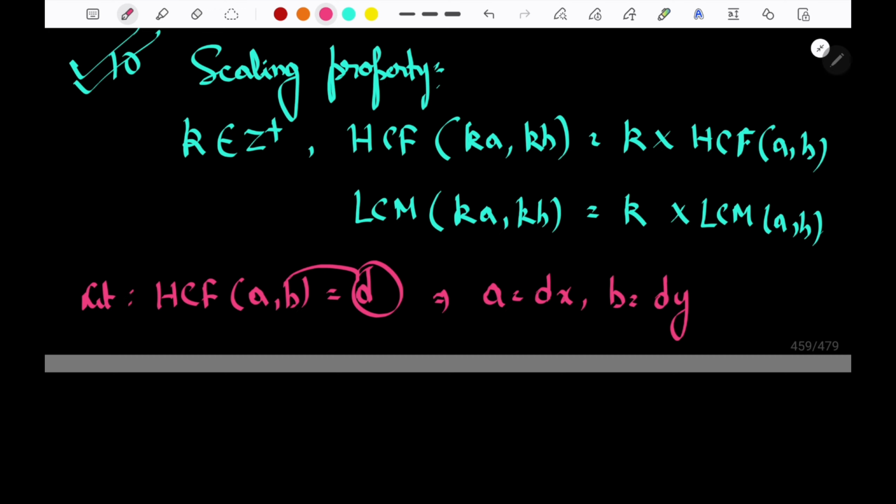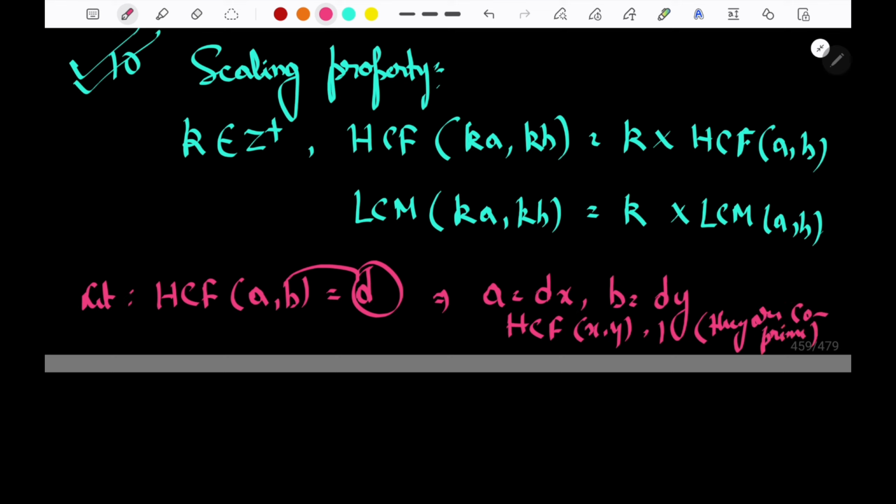And apart from this, what we can say, HCF of x comma y is equal to 1. They are co-prime. Now this is the condition.